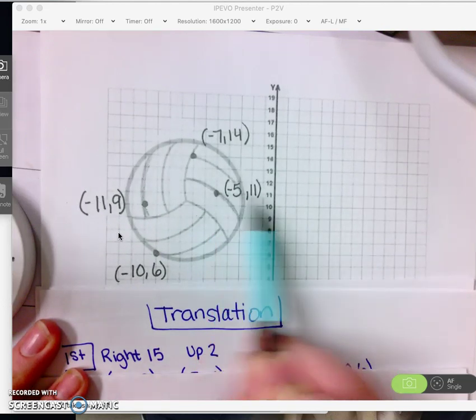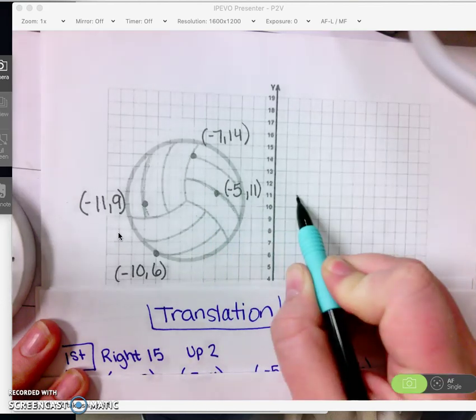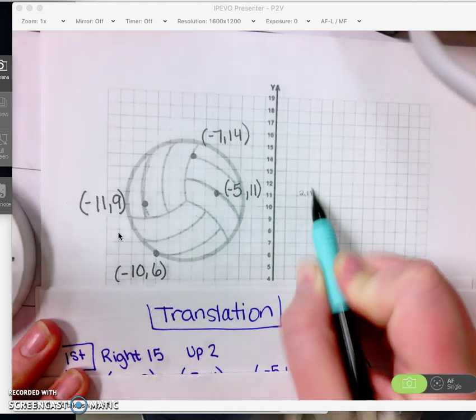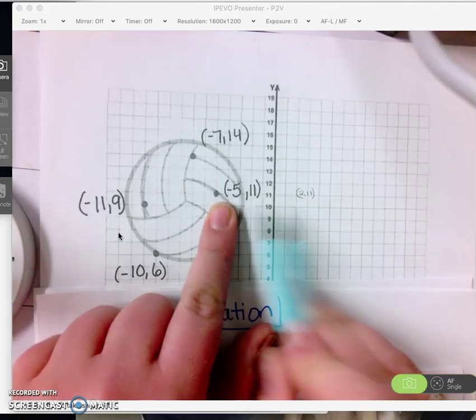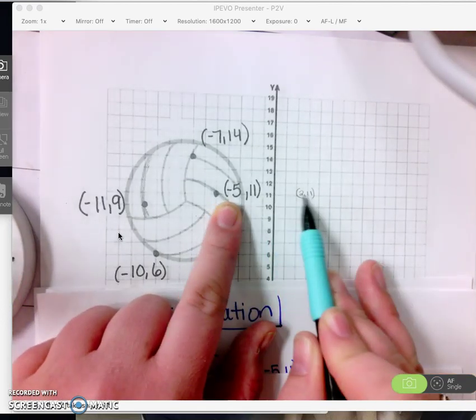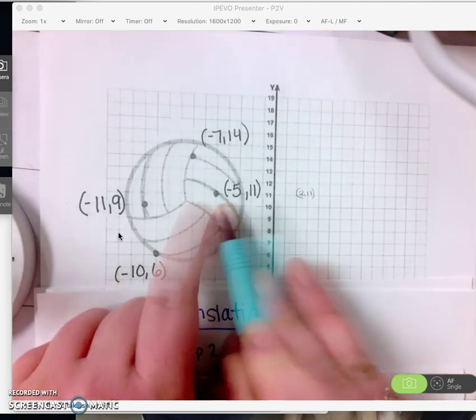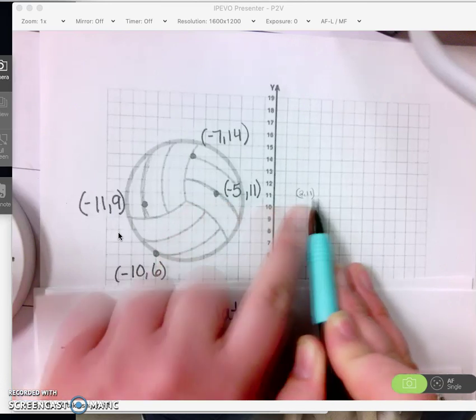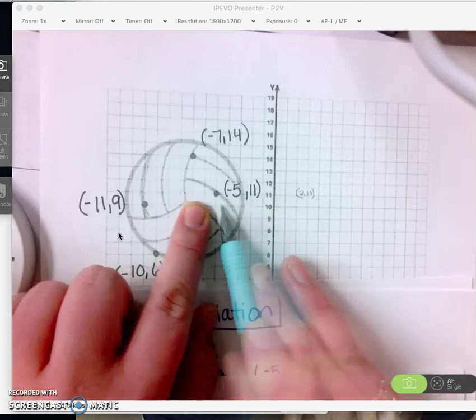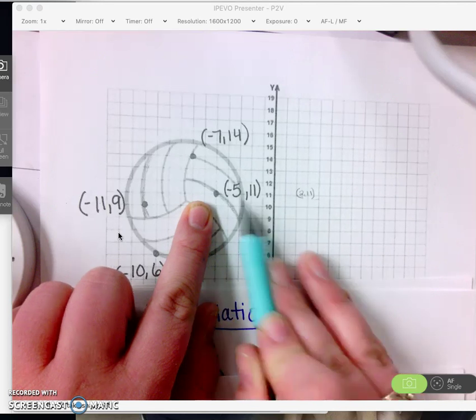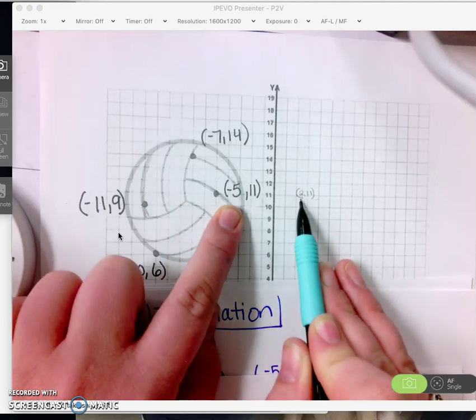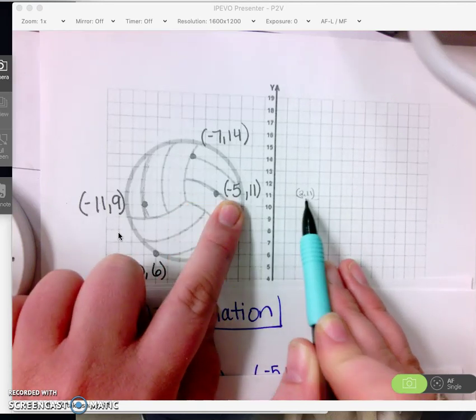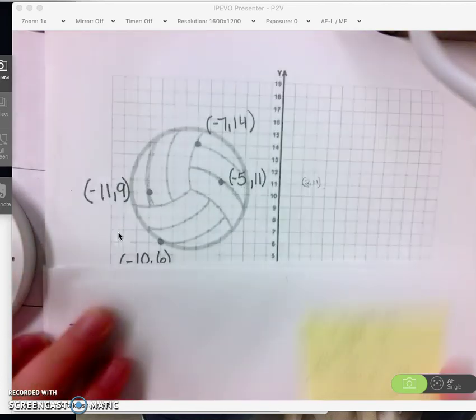If I go just to the right, say here, this point is 2, 11. Well, what changed? My x coordinate changed when I go to the right and to the left. Same with if I go to the left, my x coordinate is changing from -2 to -5. So I like a little cheat sheet.